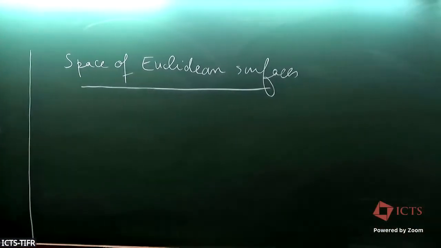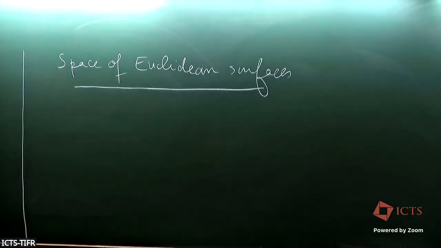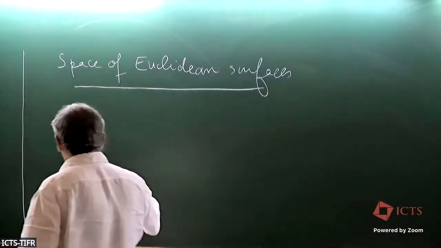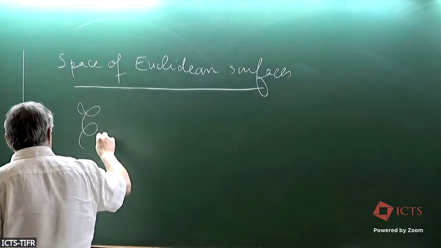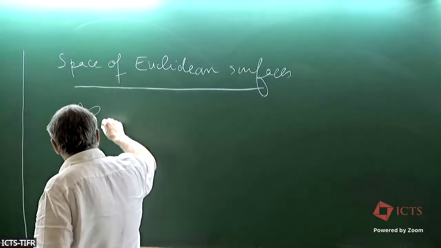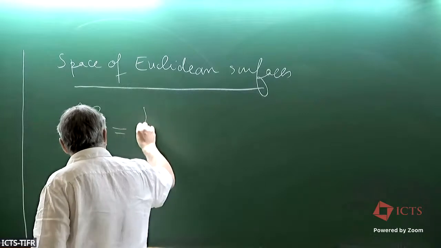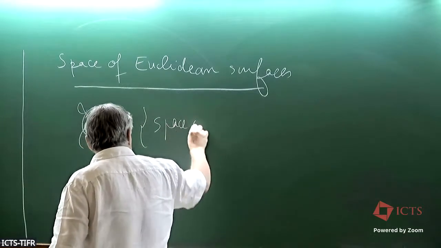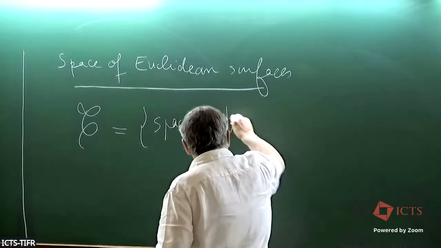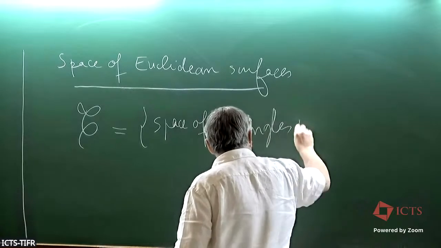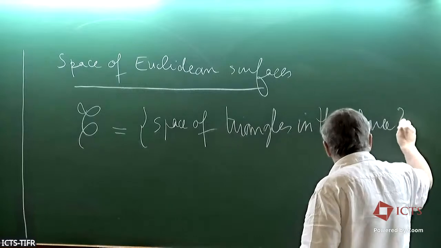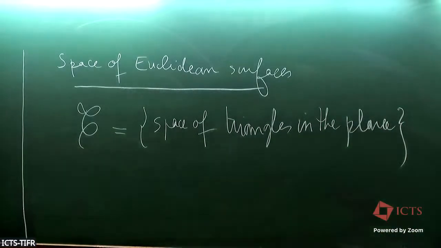And the most basic case is I take T, where T stands for Teichmüller space. This is the space of triangles in the plane, so Euclidean triangles.